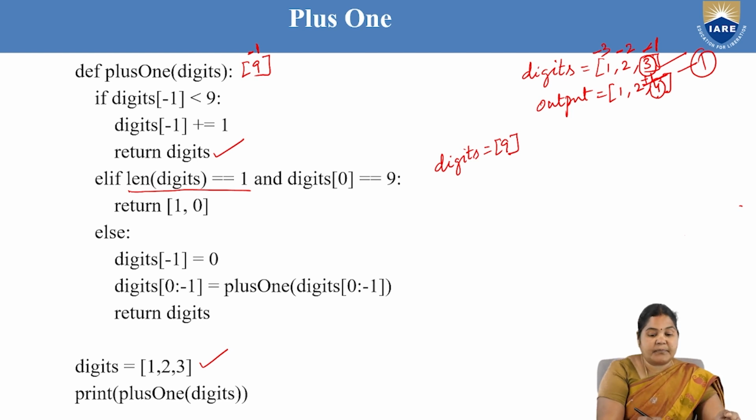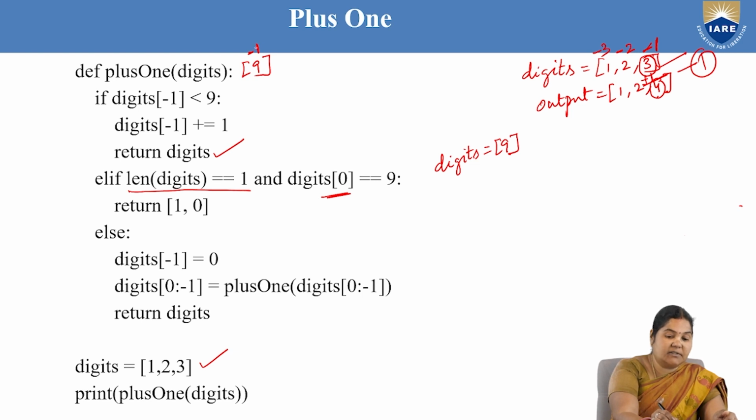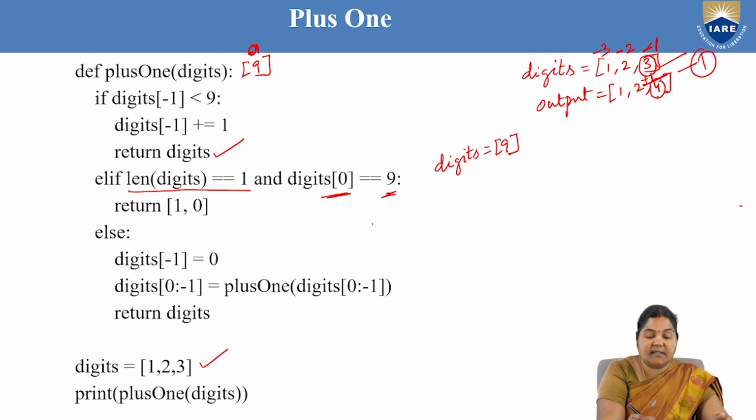Yes, it is 1, and digits of 0, either you can take index -1 or index 0, is equal to 9. Yes. Then you have to return 1, 0 because 9 plus 1 becomes 10. So you have to store it as 1, 0. Second test case is satisfied.